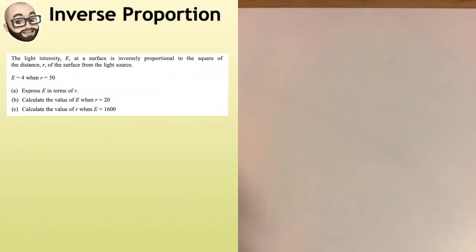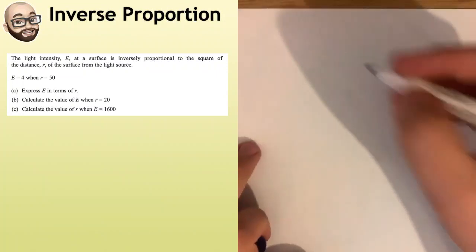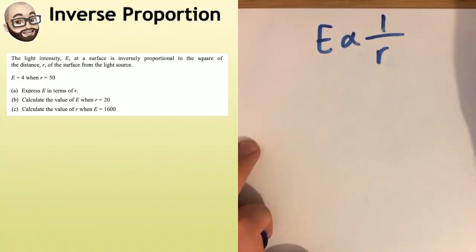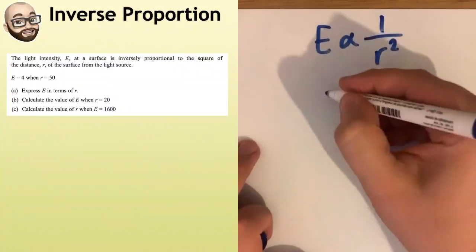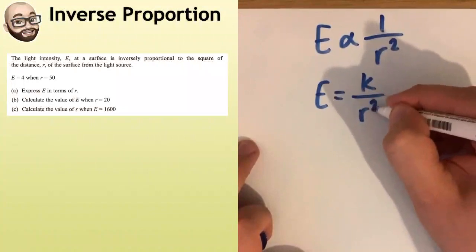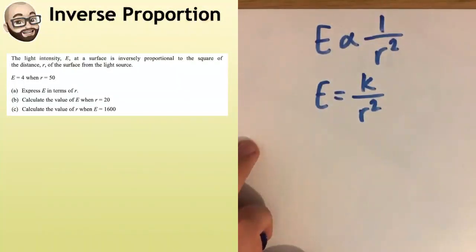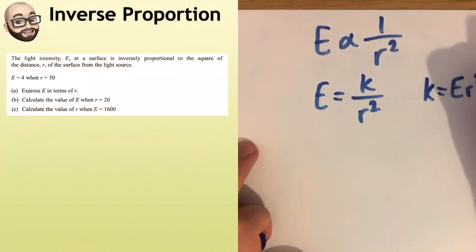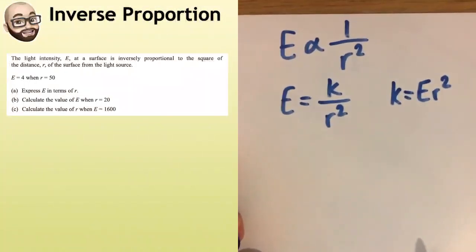Let's start this exactly the same as we've done all the other ones. We're going to say E is inversely proportional to R, but it does say the square of R, so it's R squared this time. So my formula is E equals K over R squared, and if we want to work out K, we could take the R squared across as a multiply.